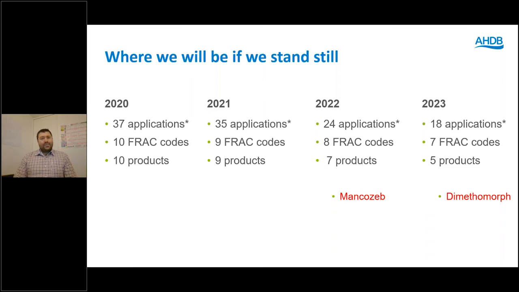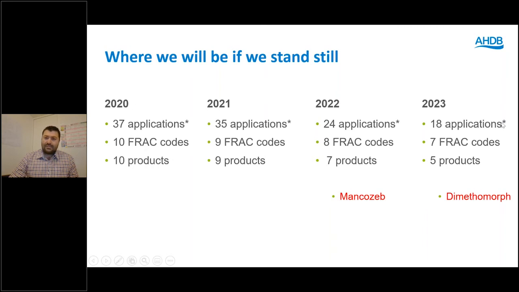However, if we stand still, if you look at 2020, we had 37 applications, and I've put the asterisk there because it's in relation to the number of applications per crop per glasshouse. So some of you might question me on that one. But we did have 10 FRAC codes and 10 products.